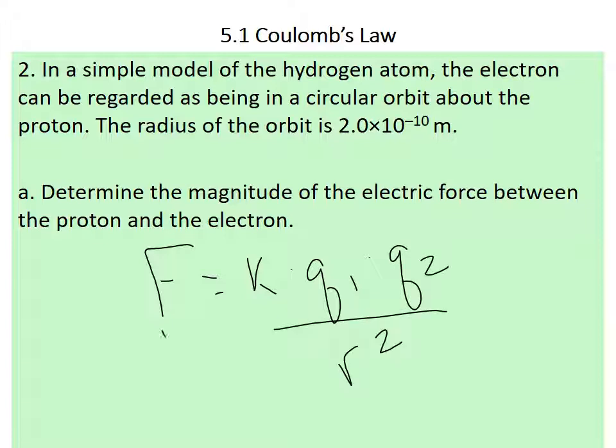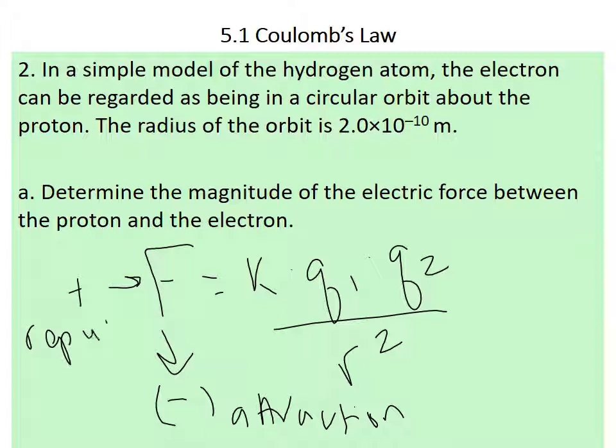Please note that when F is negative, you get the force of attraction. When F is positive, you have repulsion. So you will have a negative charge. Get the k from the data booklet, the distance provided here, and Q1, Q2 also in the data booklet.